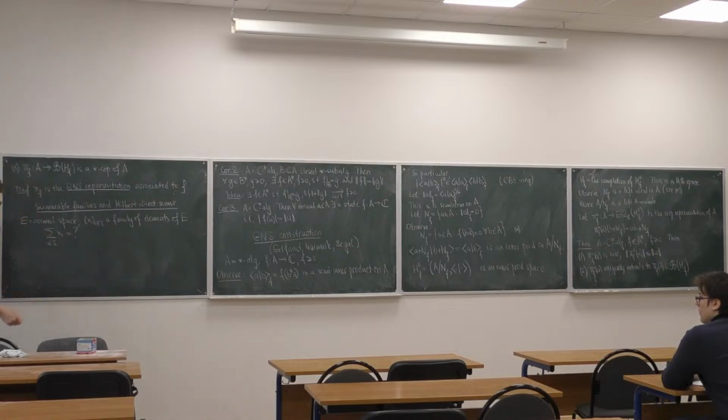So what does that mean? We know what this means in the case where I is finite, and maybe also in the case where I is a set of natural numbers. But what if I is an arbitrary set?